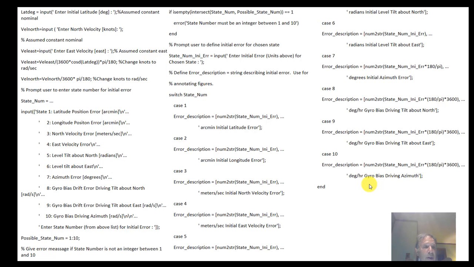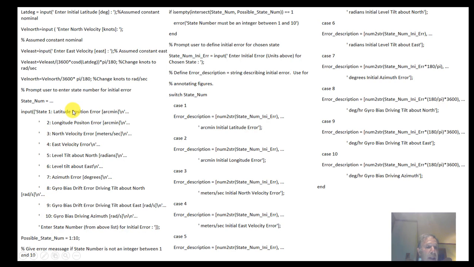So taking a look at this program, we first initialize latitude and north velocity and east velocity. Remember, we're trying to provide a nominal trajectory about which we perform our linearization.